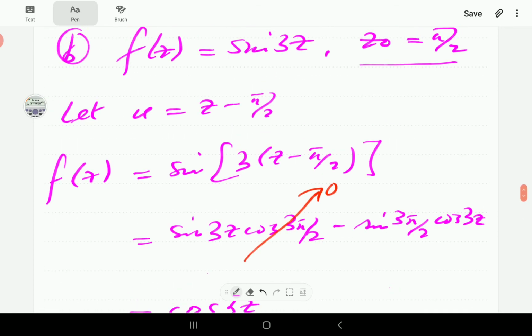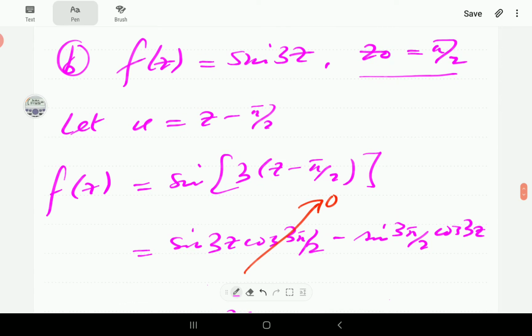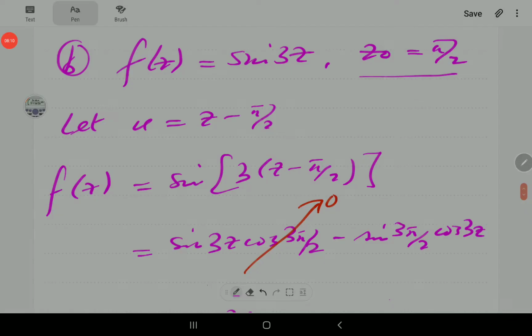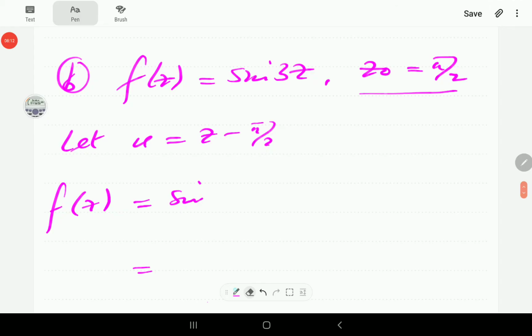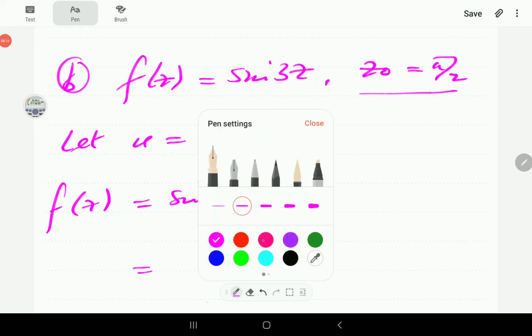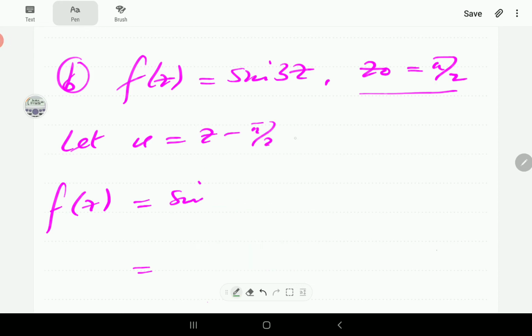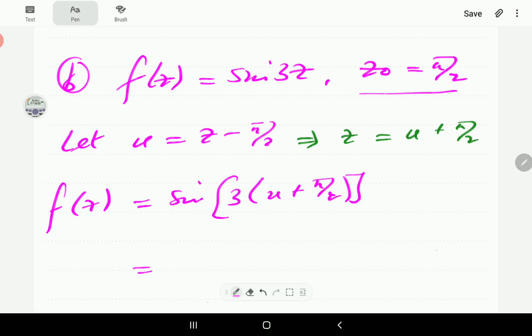Okay, there's an issue here. Right, sorry about that. What we should do is after making u equal to z minus pi on 2, then we say z is equal to u plus pi on 2. And therefore, we're going to have here sine 3 into u plus pi on 2.